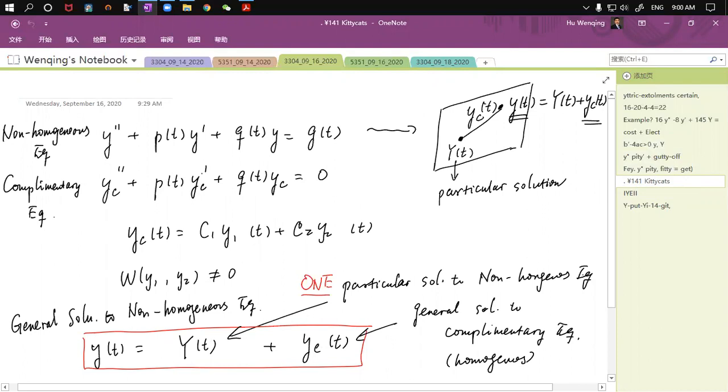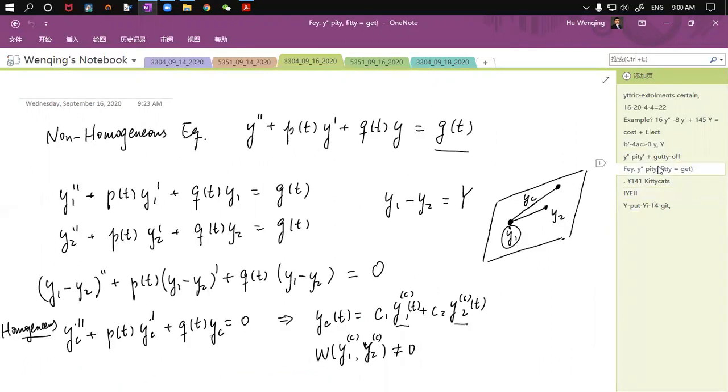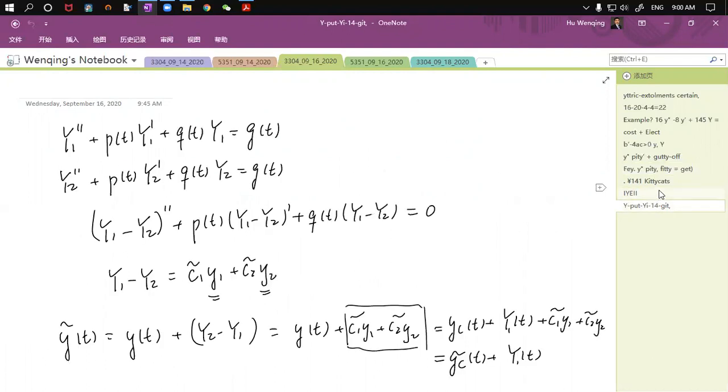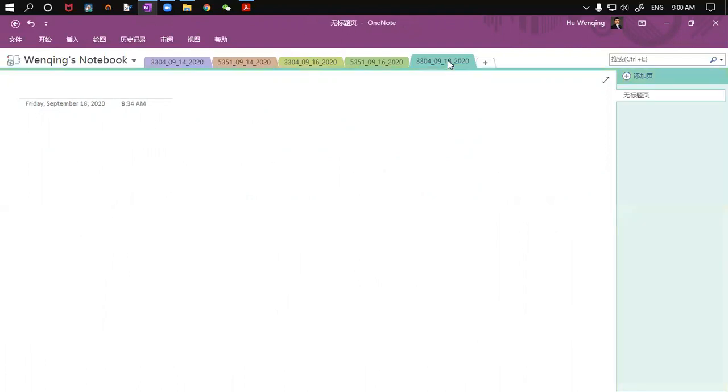So let's try to apply this whole theory to constant coefficient equations. That means we have ay double prime plus by prime plus cy is equal to 0.